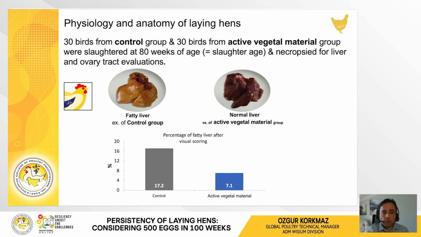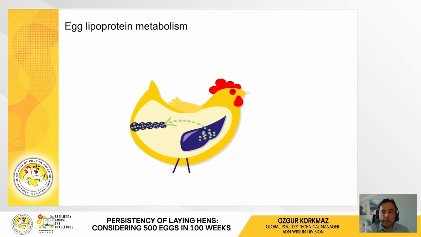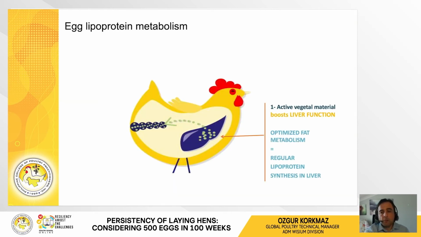Visual score percentage fatty liver: we can see less fatty liver as a visual scoring with usage of active vegetal material. This active material boosts liver function and optimizes fat metabolism, which is important.